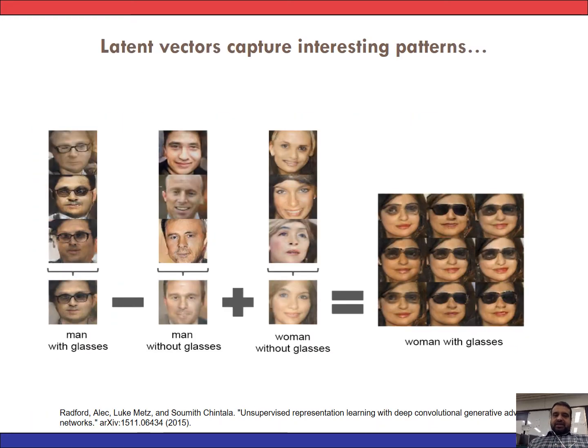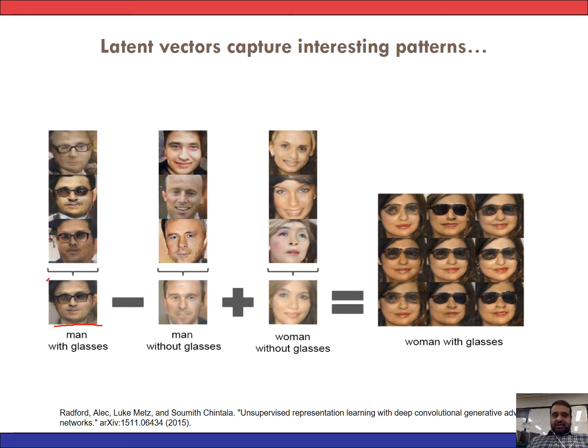In their paper, they also did some interesting things. They found the latent space for samples of a person with eyeglasses, and that sample corresponds to a male. Similarly, they also found the latent space of the man without glasses.